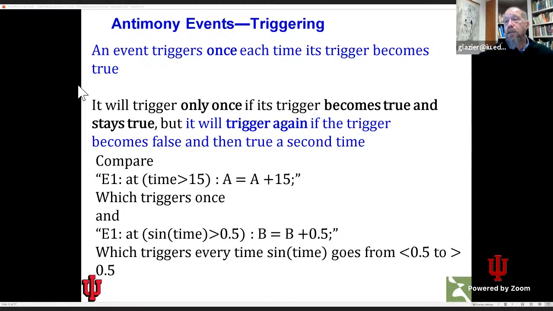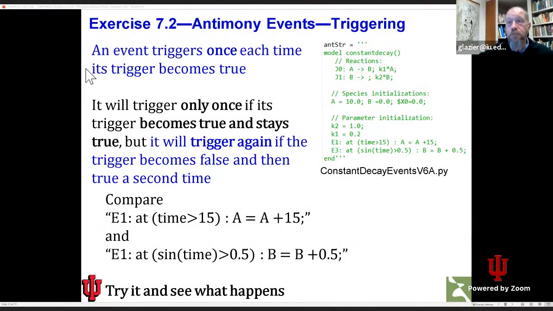On the other hand, if I wrote something maybe not so sensible, E1 colon at sine, as in sine wave, of time greater than a half, B equals B plus a half, then every time the argument sine goes from being less than a half to being bigger than a half, we'll add a half to B. So why don't people actually try that?